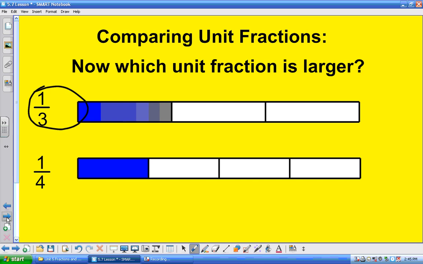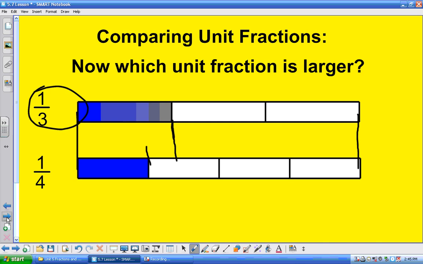If you take a look, I tried to make them the same length. They're close enough that it's very obvious that the 1 over 3 goes to here, right? And the 1 out of 4 stops there. So the 1 over 3, 1 part out of 3, is a larger fraction than the 1 over 4.